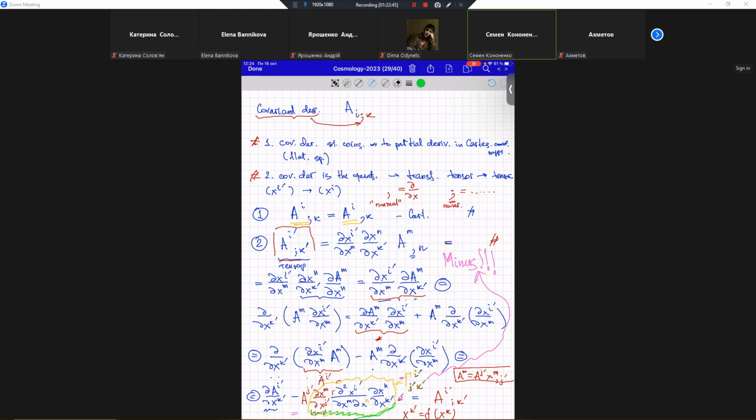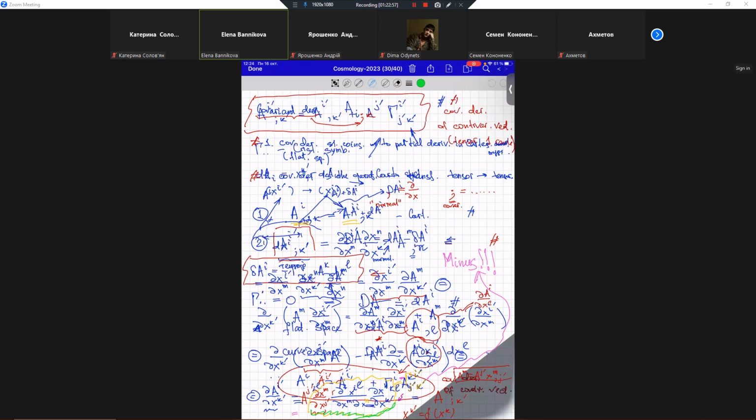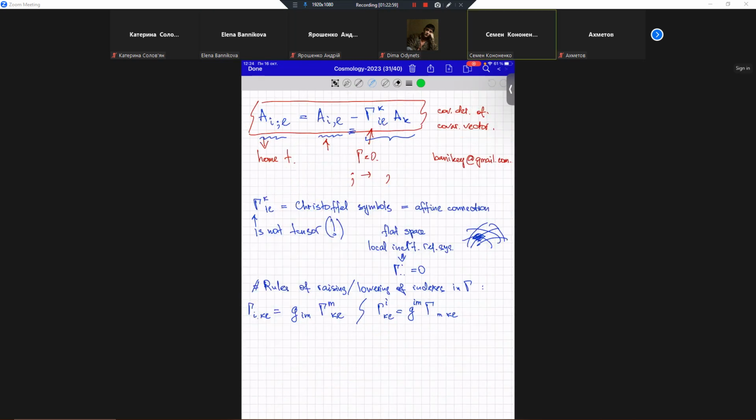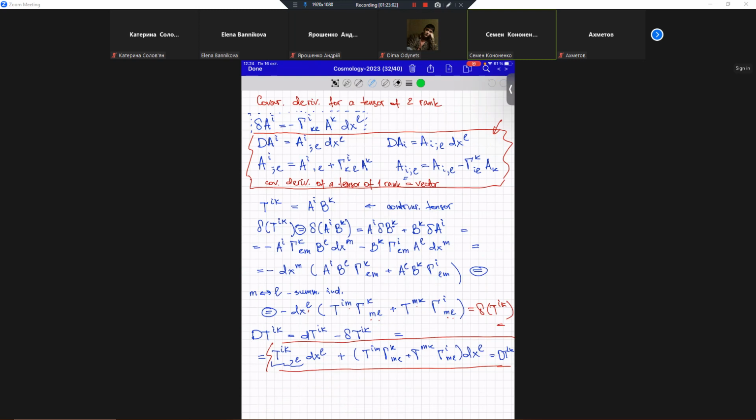For this expression, how can we? Okay, let's think about your question. I would like to give a home task, only for the last one, because here I just obtained a much simpler construction, and I don't know whether it can be a Christoffel symbol or not.